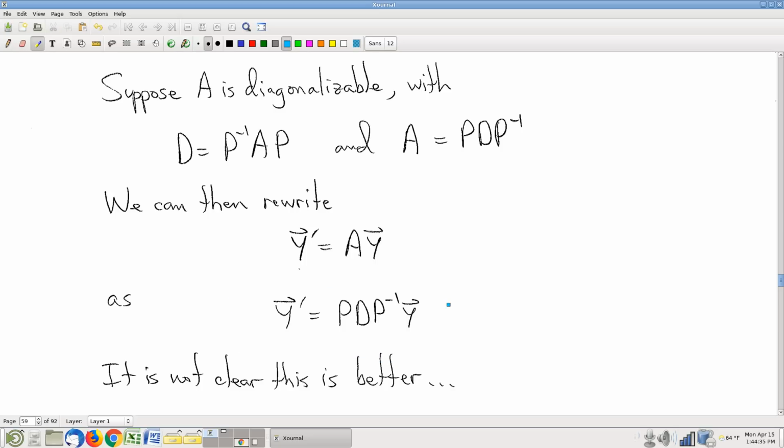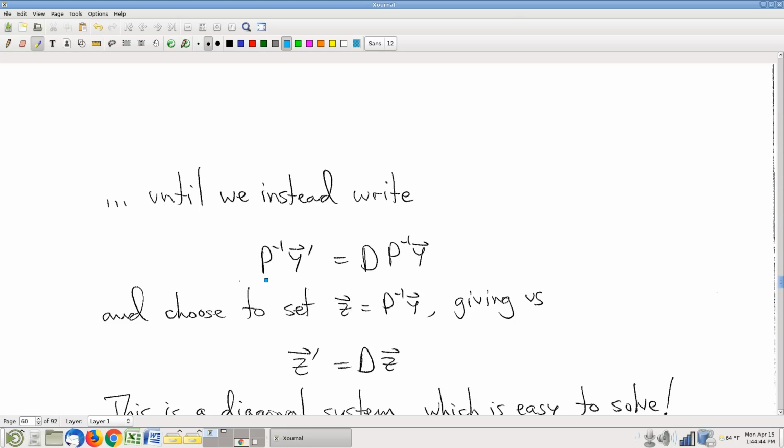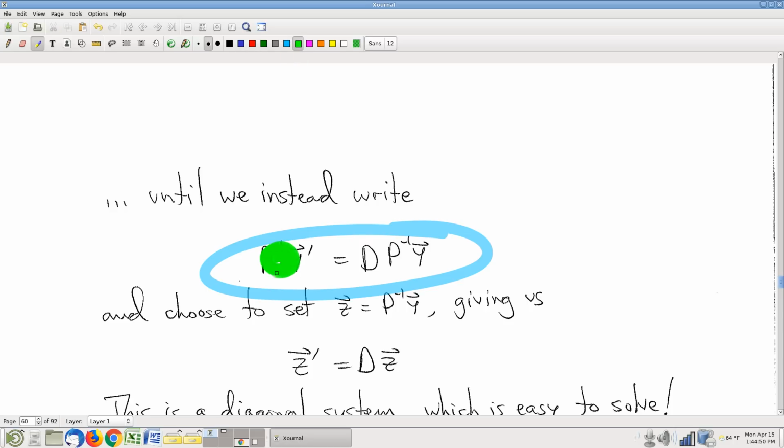Here's the beautiful move. This matrix here, move it over to the other side as a P inverse, of course. You get this equation. Then we do a substitution: P inverse y, let's call that z.